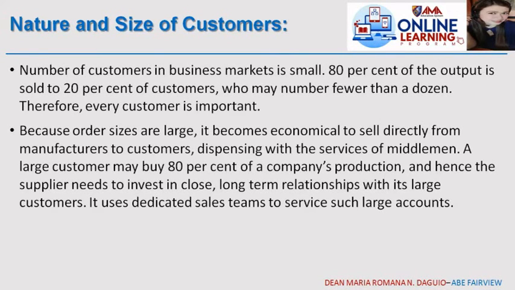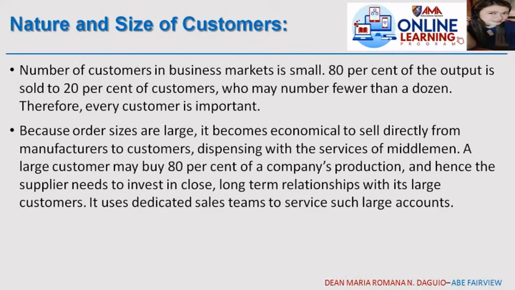Because order sizes are large, it becomes economical to sell directly from manufacturers to customers, dispensing with the services of middlemen. So we learned this in channel of distribution that the more middlemen we have, the higher the price. Ano ba yung mga middlemen? Agents, brokers, wholesalers, retailers.